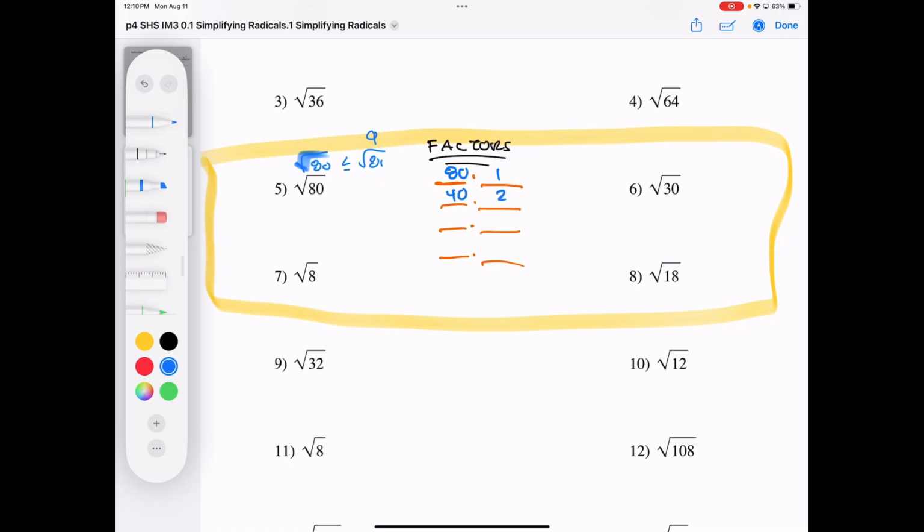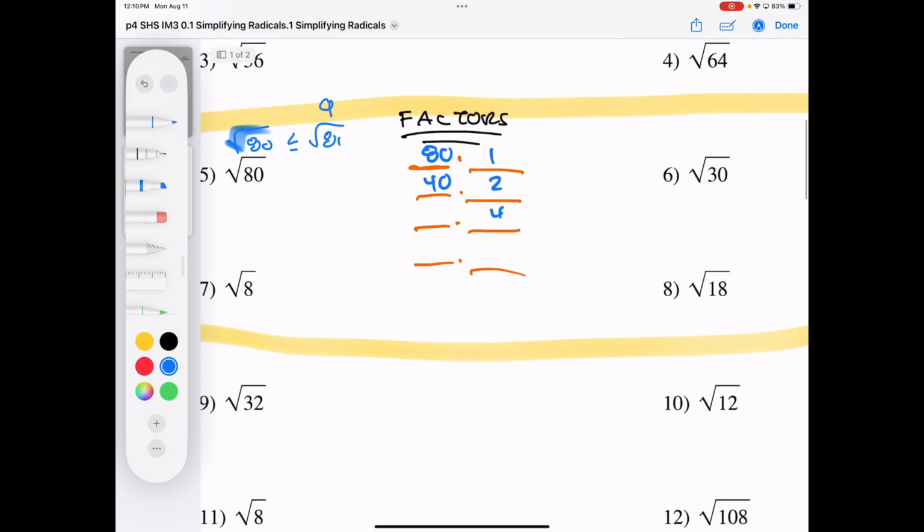I don't think 3 is going to work. How about 4? 20. 5? How many 5s in 80? Too much, too much. 16. How about 8? 8 times what? Did I miss any?